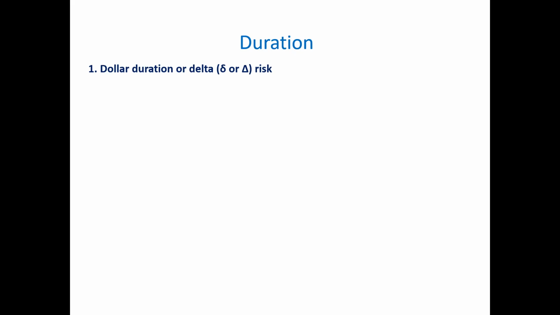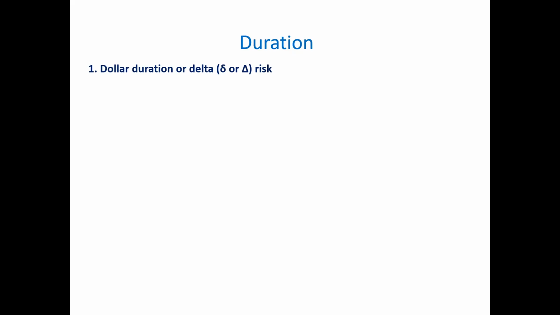Actually, to my knowledge, there are 5 or 6 measures of duration which can be used in practice, and I'm going to give you 3 measures. We're going to discuss 3 measures of duration, probably the most frequently used, but all of these measures are based on this first order derivative concept.